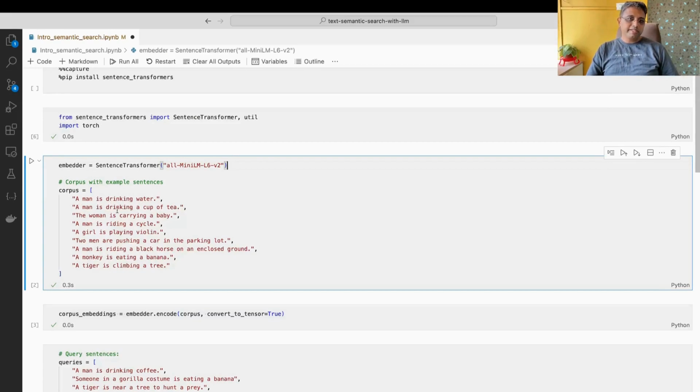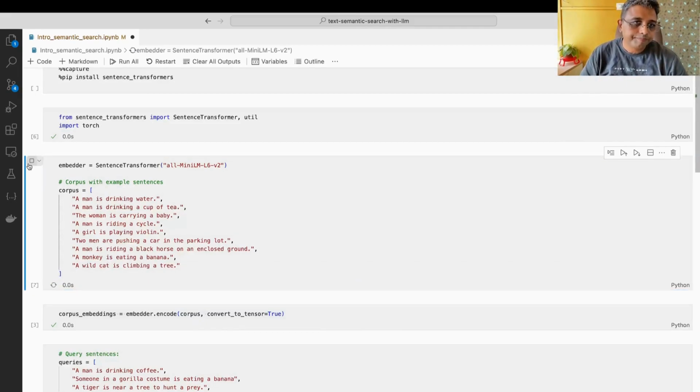So these are different documents. A man is drinking water, a man is drinking a cup of tea, a woman is carrying a baby, a monkey is eating a banana, a tiger is climbing a tree. Let me change this tiger to something like wild cat. A wild cat is climbing a tree.